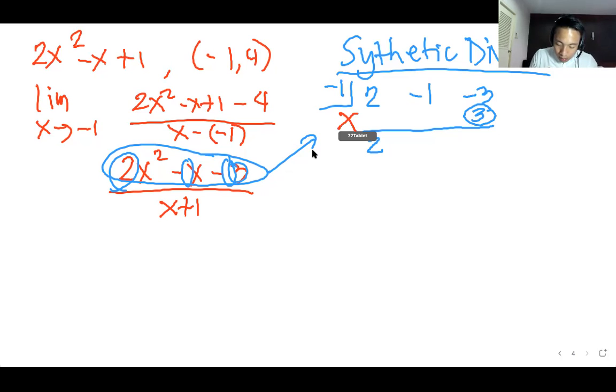Negative 1 times 2 is negative 2, I should say. Negative 2, right? And then negative 1 minus 2 is negative 3. Correct? Negative 1 times negative 3 is positive 3. So therefore, this is one factor.